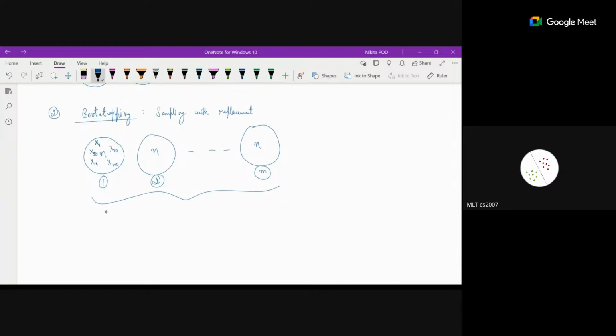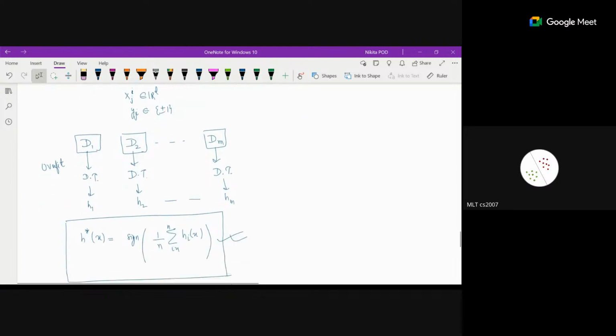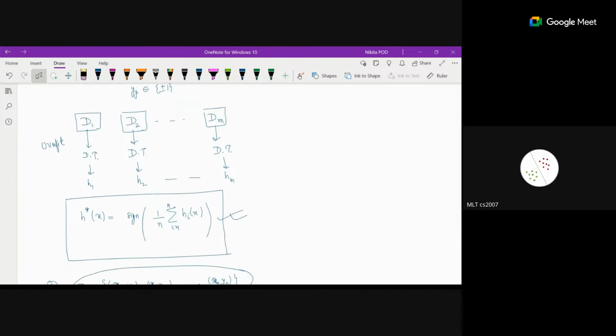So now you have D1, you have D2, and let's say you have DM. Each have n points. Now for this D1, D2 up to DM, you will fit a weak learner, as in you will overfit a model.